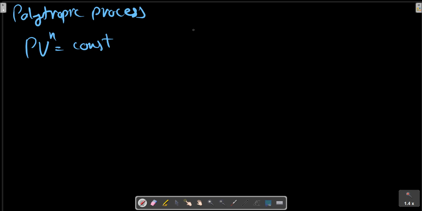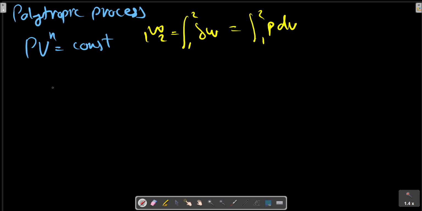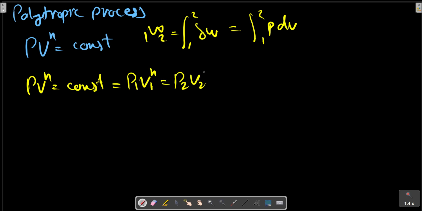So we should obtain a relation between P and V. We know PV^n equals constant, so P1 V1^n and also P2 V2^n are constant for this system. From this we can write P equals constant over V^n.